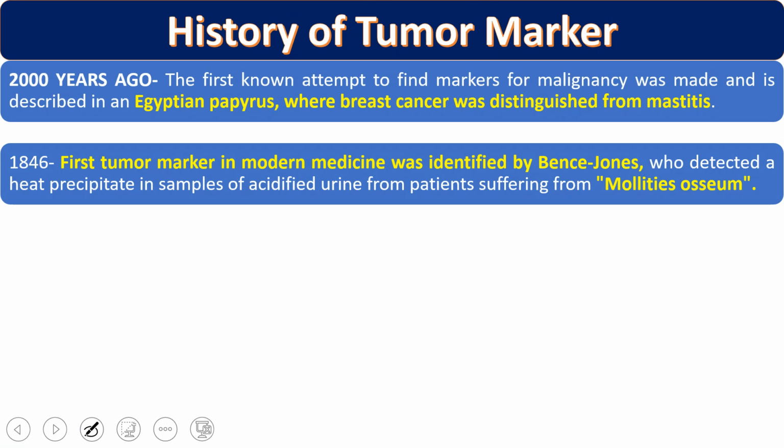So the first tumor marker identified was Bence-Jones proteins.